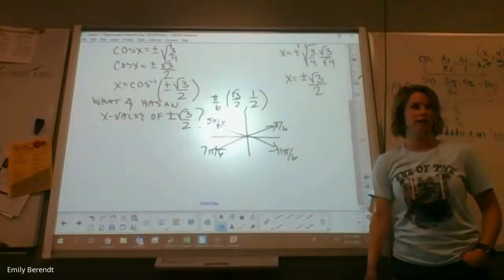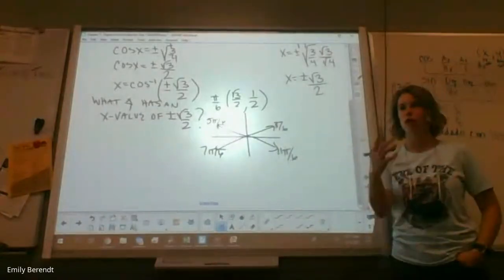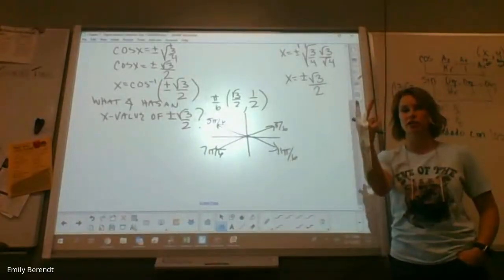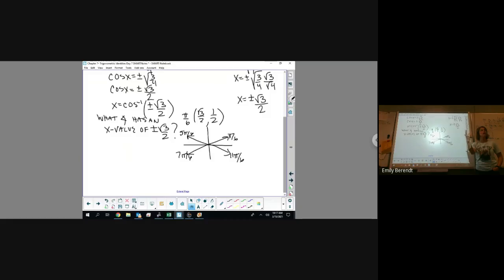So how many answers work? 4. And why are there 4 answers? Why isn't there just 2? It's positive or negative that will work on this one. So we're going to say x is the element of the solution set pi/6, 5 pi/6, 7 pi/6, and 11 pi/6.